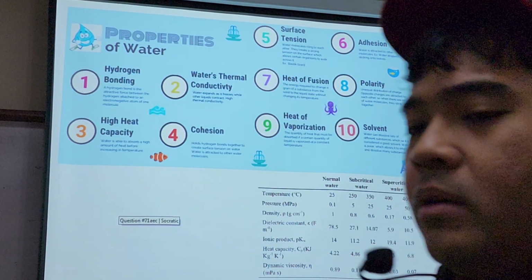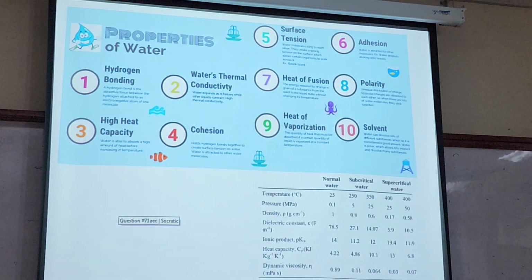Does wood has properties? Yes. What properties wood has? Hard. Lagi? Apa? Flammable.